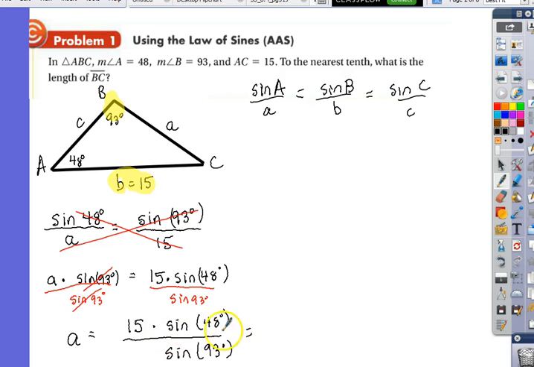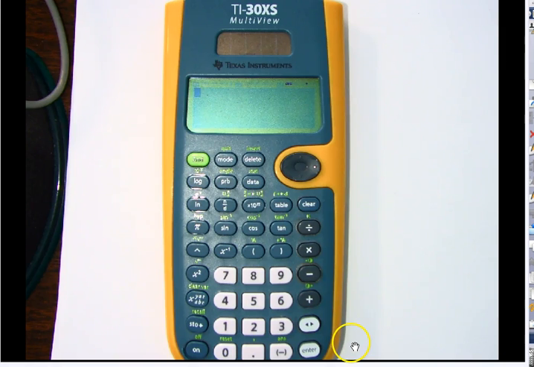All right, so the problem was 15 sine 48 divided by sine 93. Now, multiplication and division have the same level of priority, and they just work from left to right. So I can put all of these things in from left to right, and it will be okay. However, in most calculators that you guys have, when you enter in a trig function, it automatically opens up a parentheses.